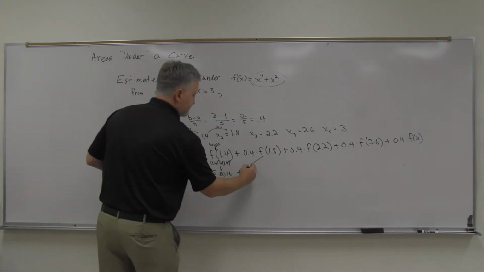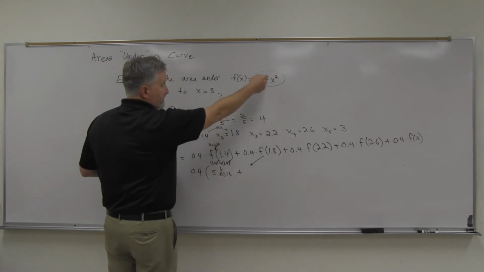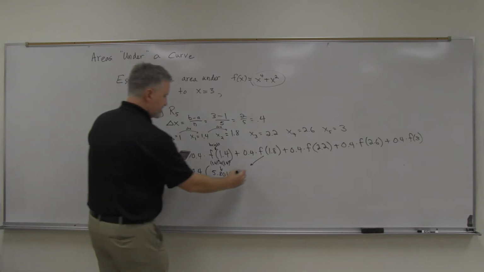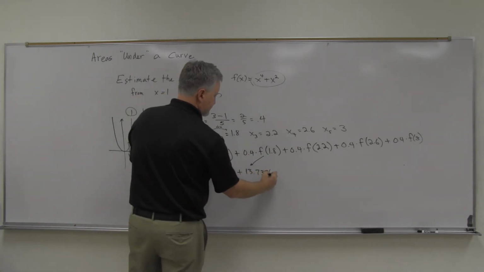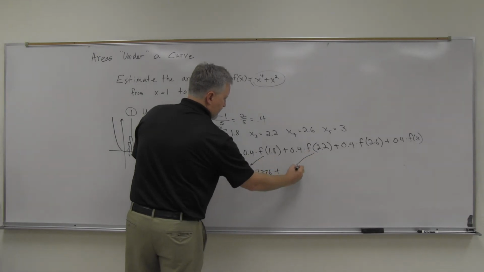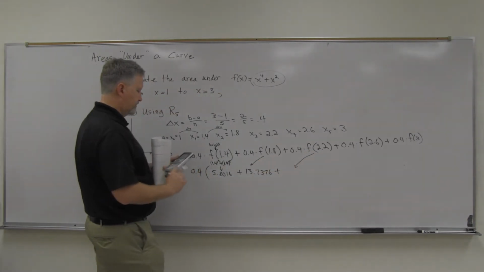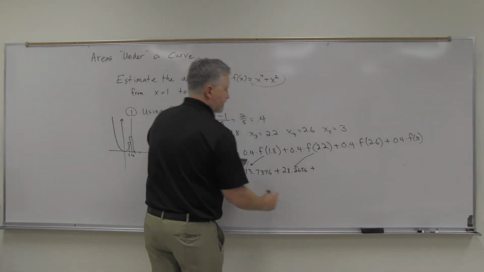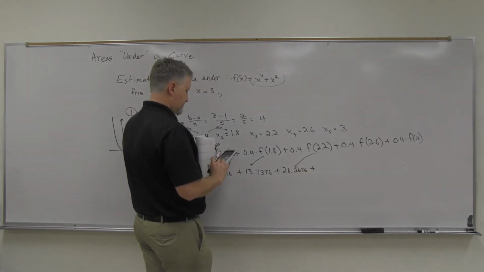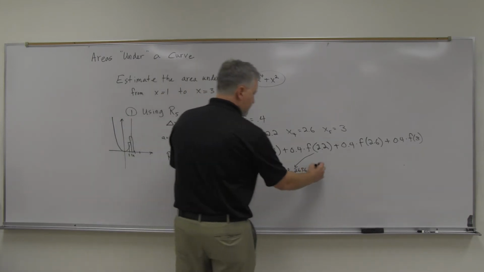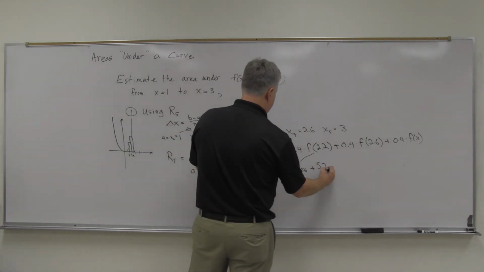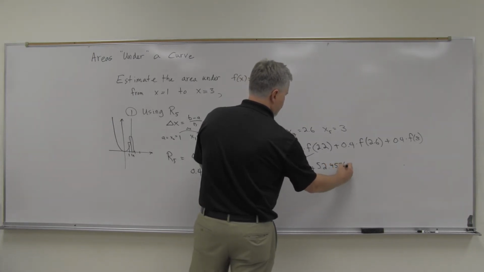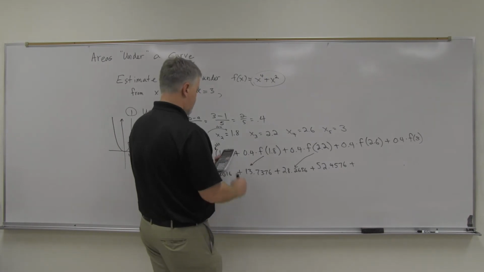Then for 1.8, it'd be 1.8 to the fourth plus 1.8 squared, but with the calculator that's 13.7376. For 2.2, it's 28.2656. And for 2.6, it's only giving me 4 places. If you wanted more, I guess you'd have to look at a table or something. And then 3.